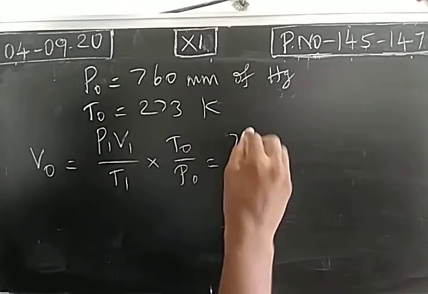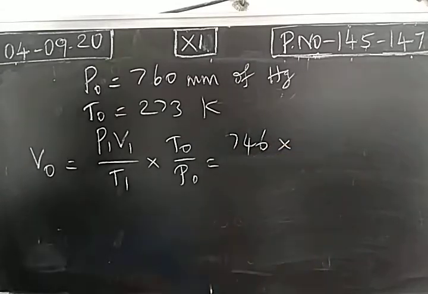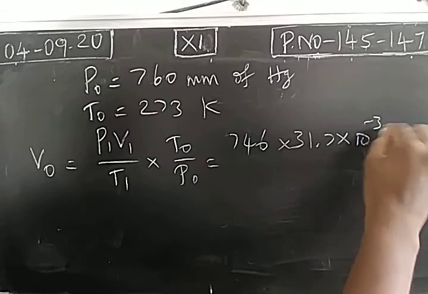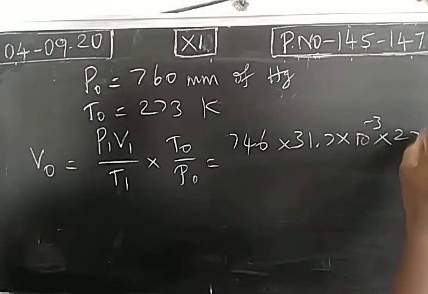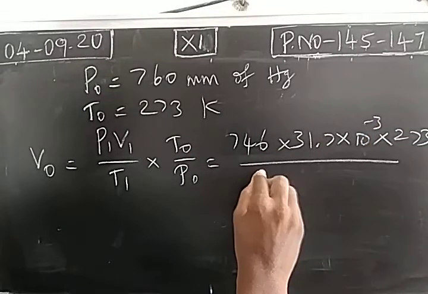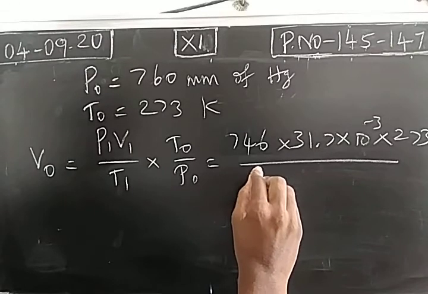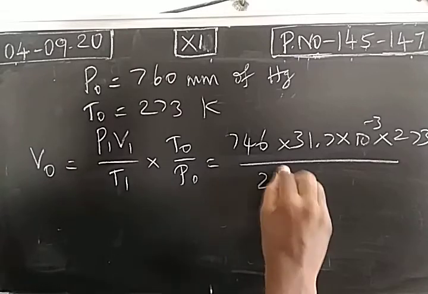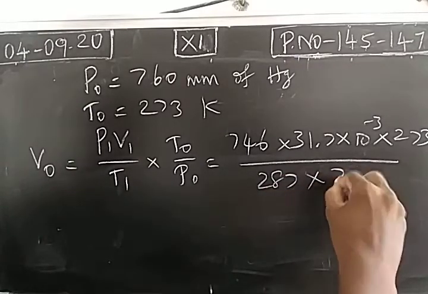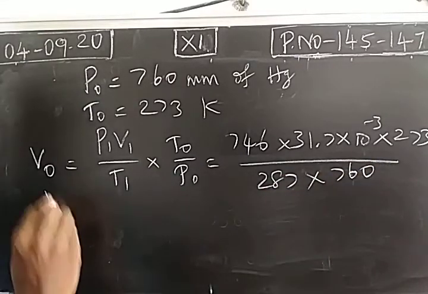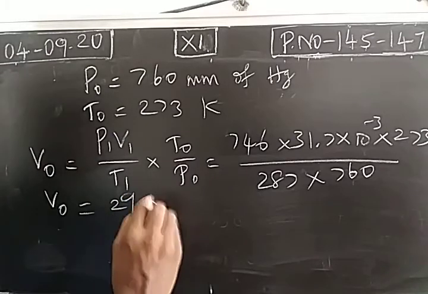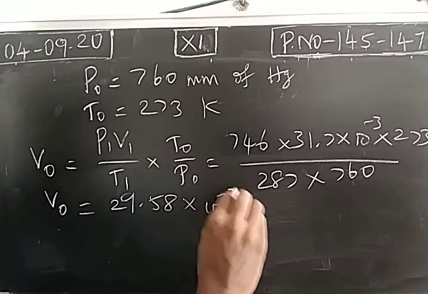So pressure 746 millimeter of mercury, volume at room temperature 31.7 into 10 power minus 3, and standard temperature 273 divided by the room temperature 287 Kelvin, and the standard pressure 760 millimeter of mercury. So we have obtained the volume of nitrogen gas at standard condition as 29.58 into 10 power minus 3 liter.